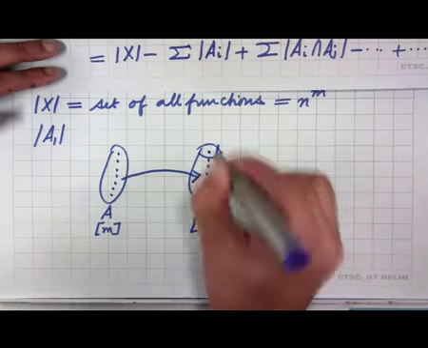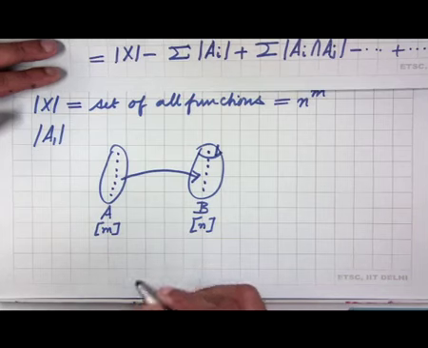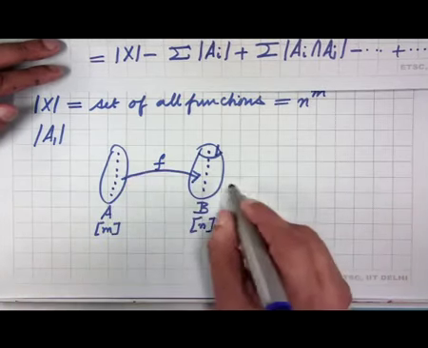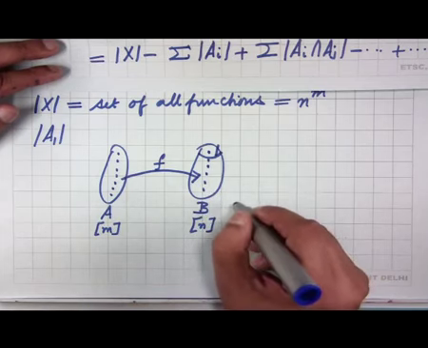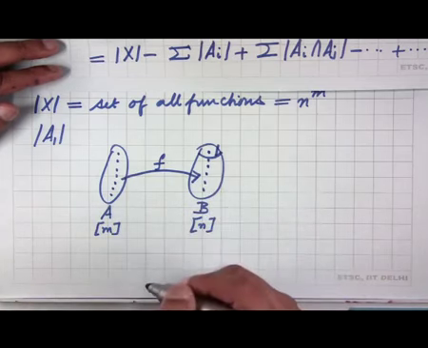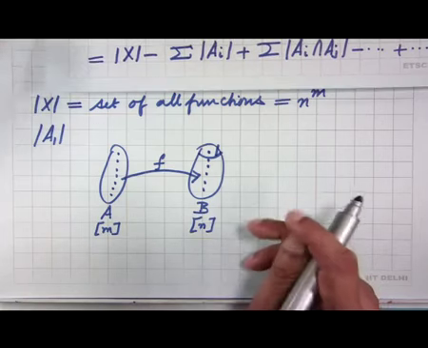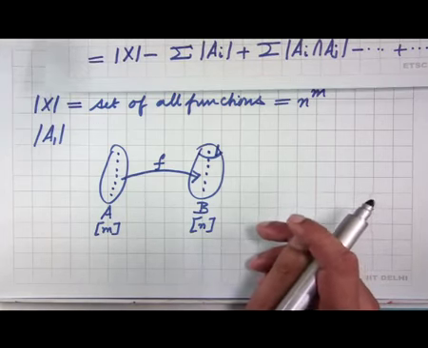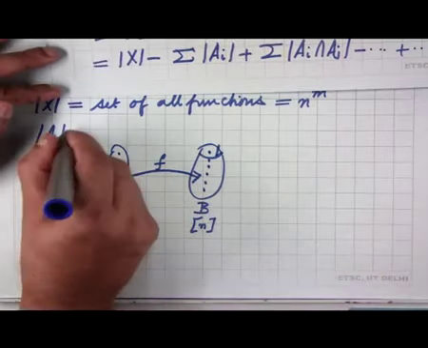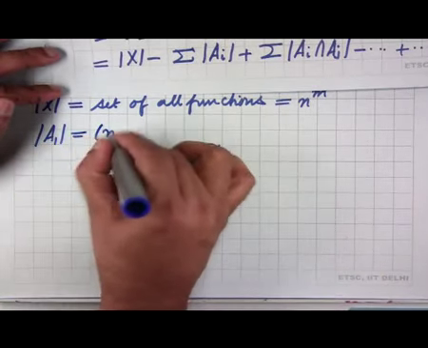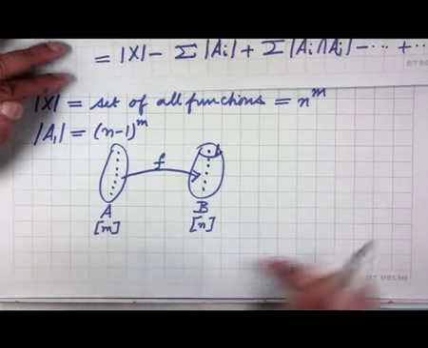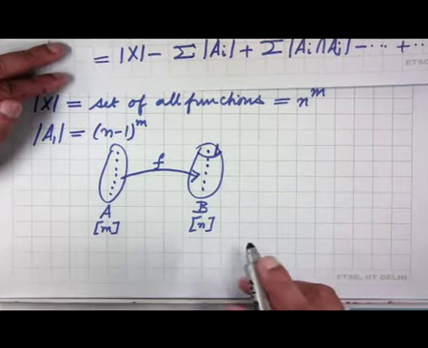So let me factor this out. And let me look at all those functions f that go from A to B minus a single element. Now, each of these m elements therefore have n minus 1 choices. And therefore, the total number of such functions is n minus 1 to the power of m. As a matter of fact, it doesn't matter which element I've removed.